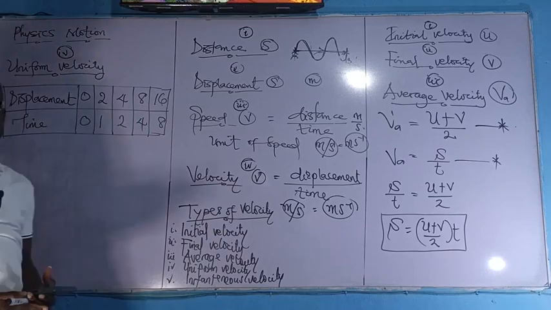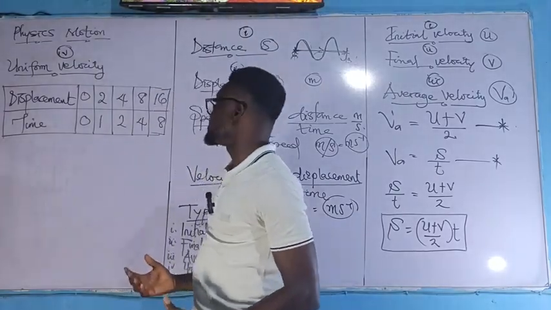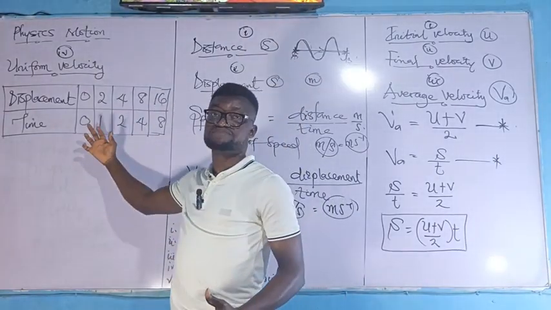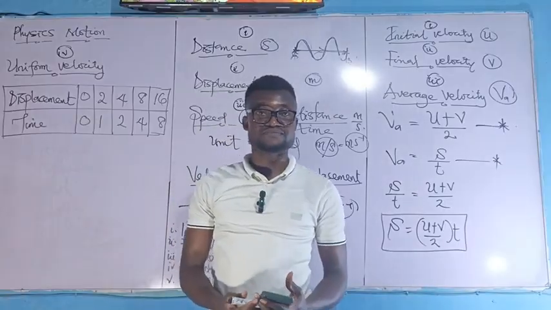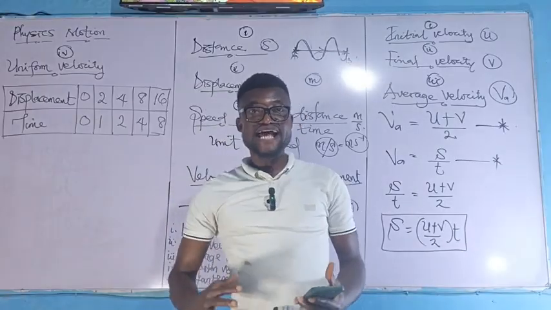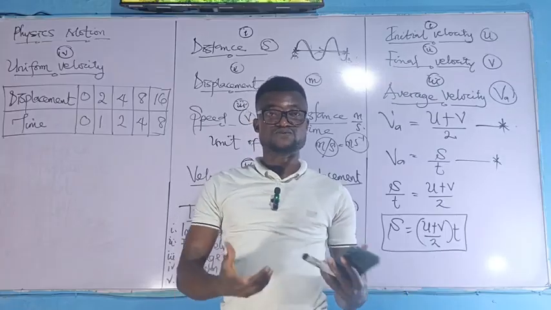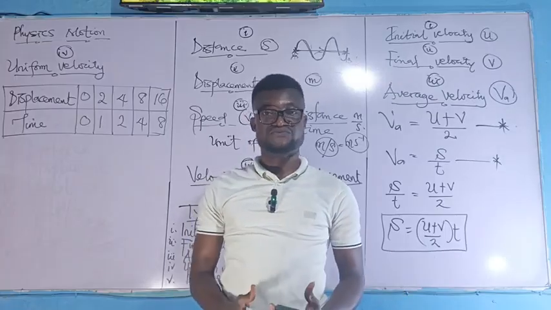This observation shows the displacement made at a given time. Now, let's see the rate of change of displacement with respect to time, which is velocity.